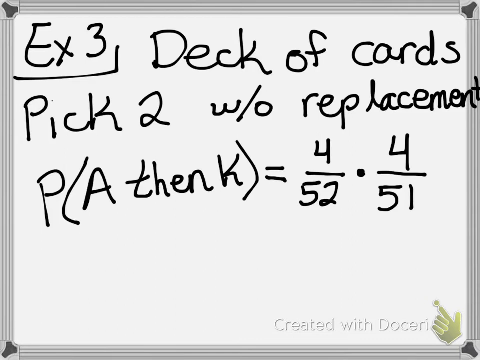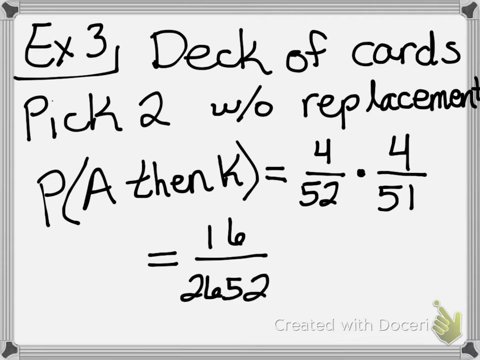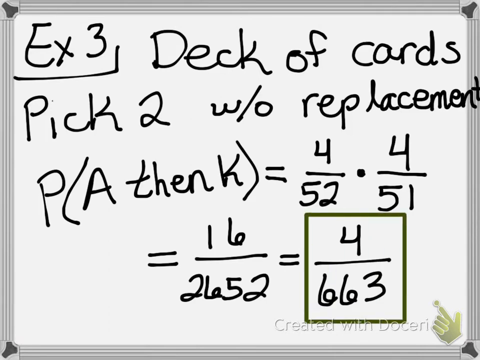So that's why that number changes. So we're going to multiply those together. And then simplify that fraction. Make sure you check these numbers in your calculator. And then once again, you can write this as the fraction, the decimal, or the percent.